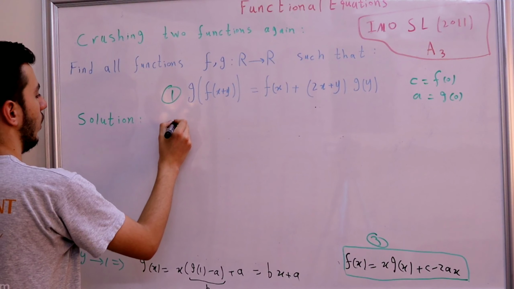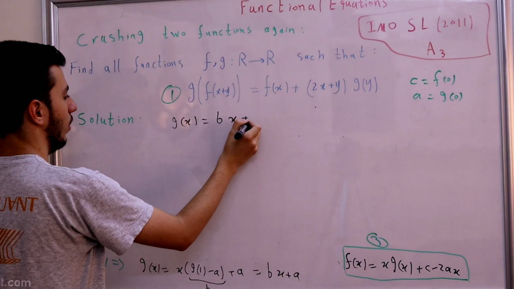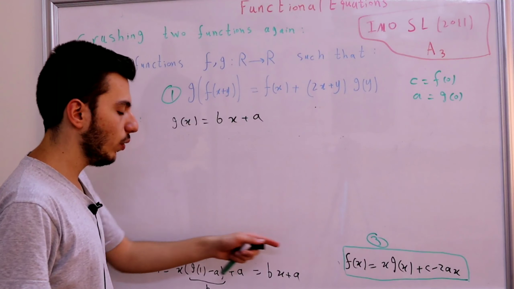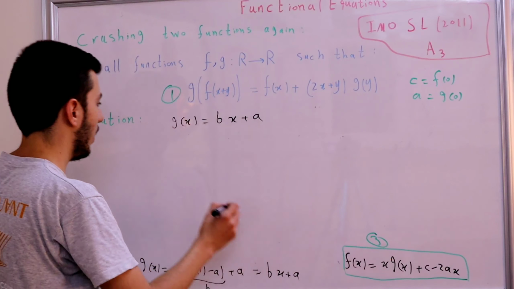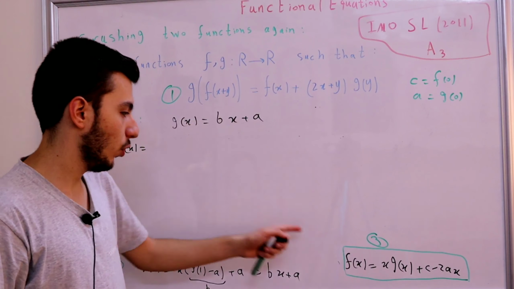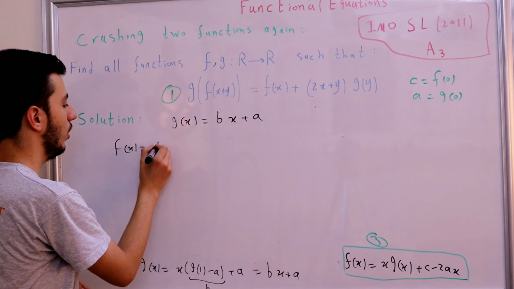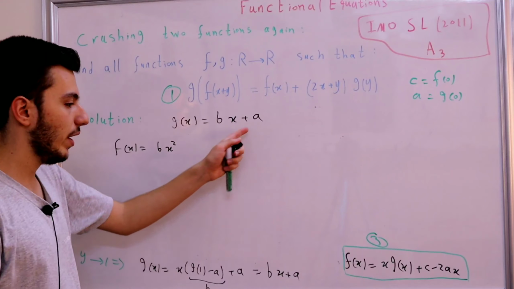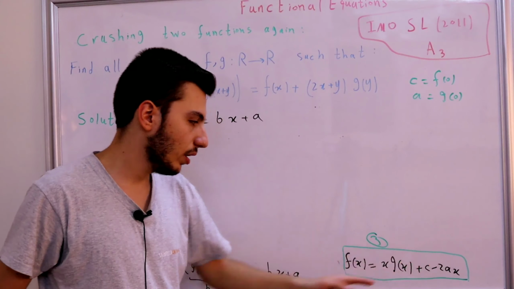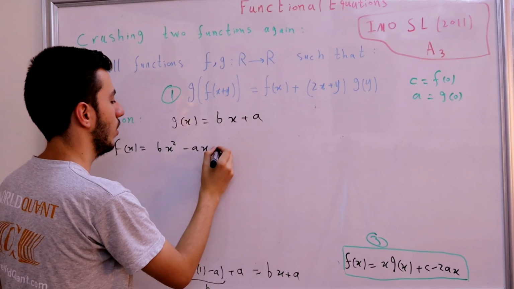Let's write it down. g(x) is equal to bx plus a for some constant b, which is g(1) minus a. And we know that f(x) is equal to this. So let's calculate f. f(x) is equal to, okay, so we need to take x and multiply this by x. So it is actually bx squared plus ax minus 2ax. This will become minus ax, and plus c, of course.